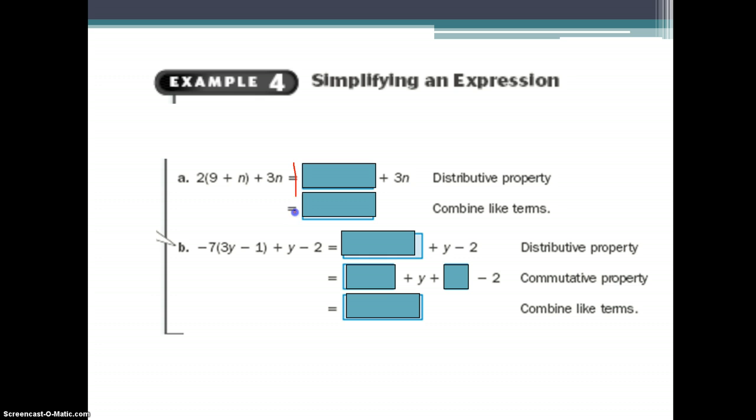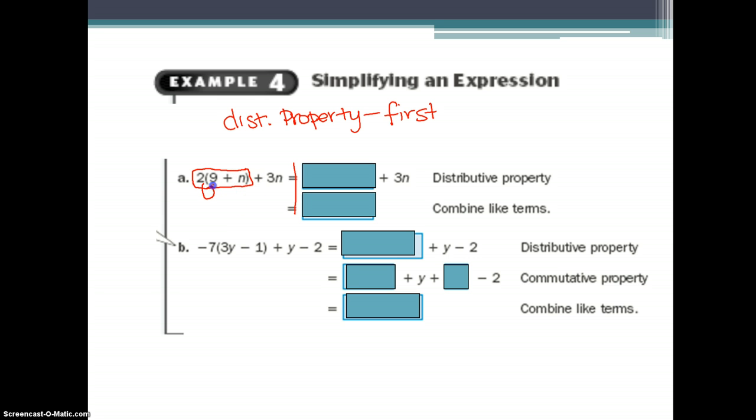For part 4, you should notice that this is distributive property, which means I always have to do distributive property first. Okay? Distributive property always comes first. If you see distributive property, it's a number next to parentheses, that needs to be simplified first.